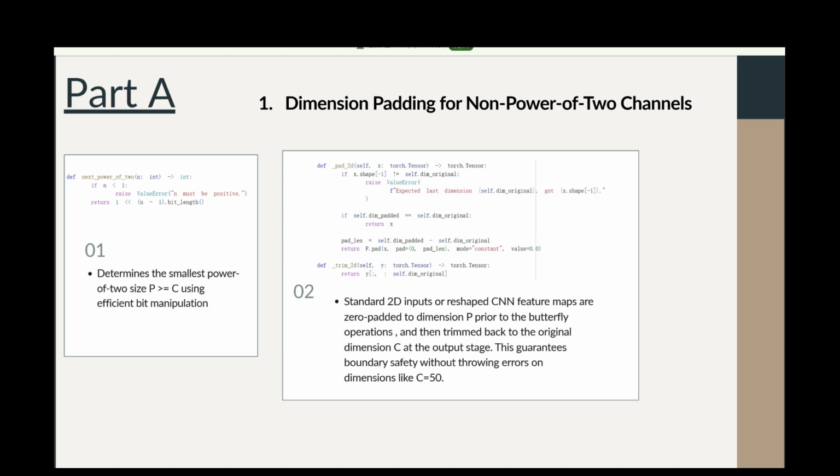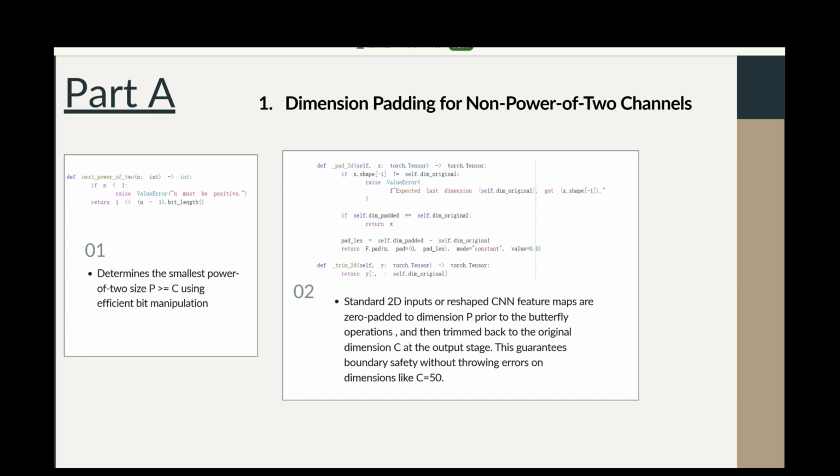To fulfill the project requirements of supporting non-power of two channel configurations, we successfully integrated a boundary safe padding workflow. The next power of two function uses low overhead bitwise operations to compute the target grid size P instantly.